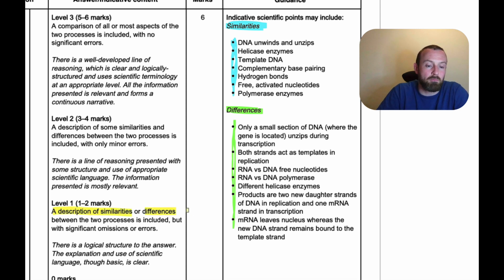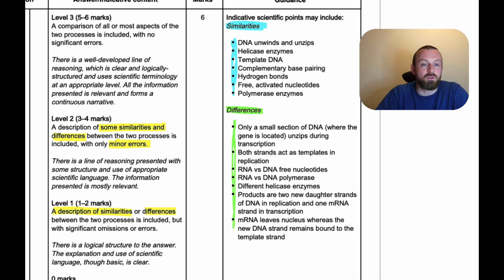So you didn't talk about both. You just talked about maybe 2 similarities, but you didn't talk about both. 3 or 4 is some similarities and differences with only minor errors. So maybe you've talked about 2 similarities and 1 difference, and maybe your use of scientific language isn't perfect.